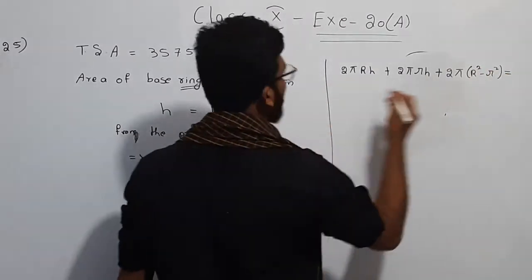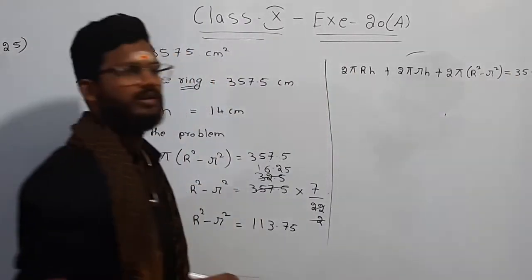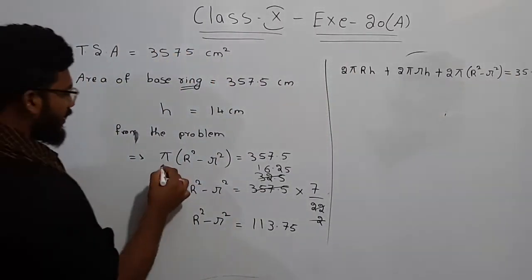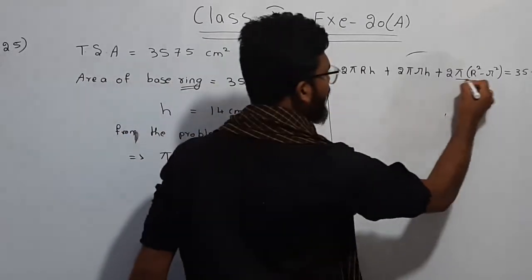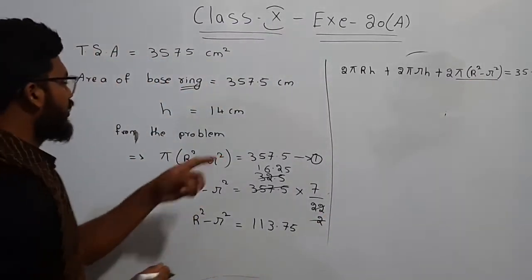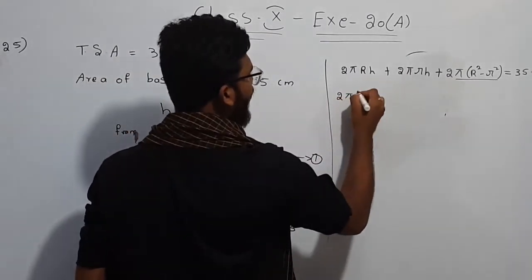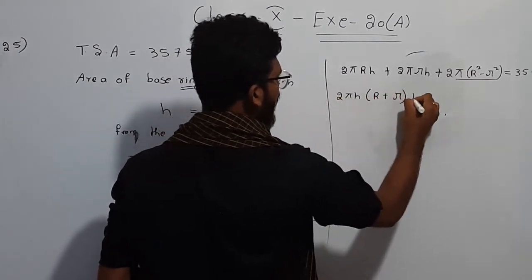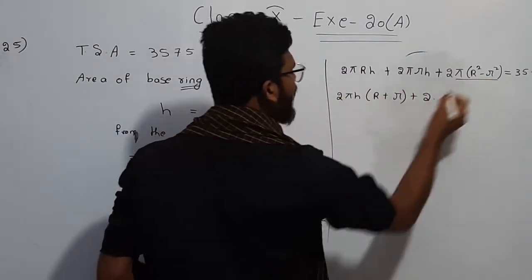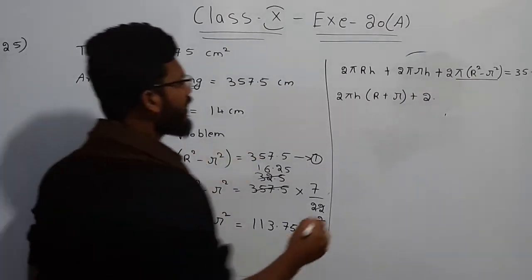That is equal to how much they give? 3575, right? So you know this. And from 1, we can substitute pi into R square minus r square value here. Right? So how much you will get? 2 pi h is common. So R plus r plus 2 into pi into R square minus r square, nothing but the area of the base ring, right?